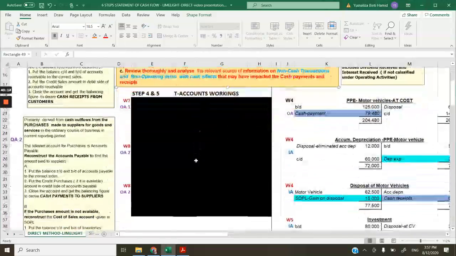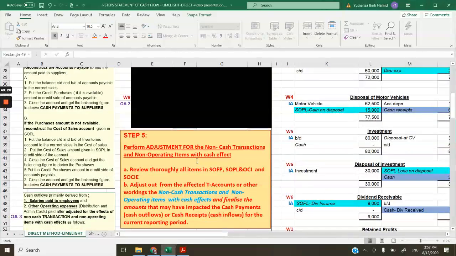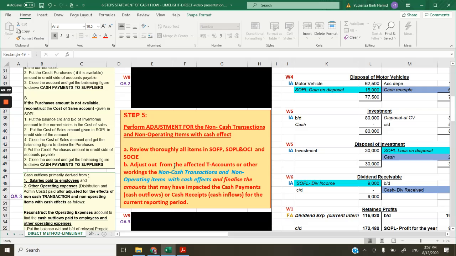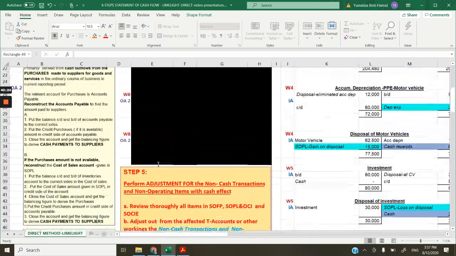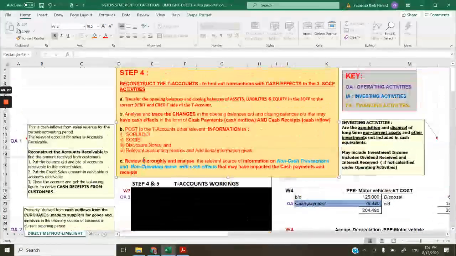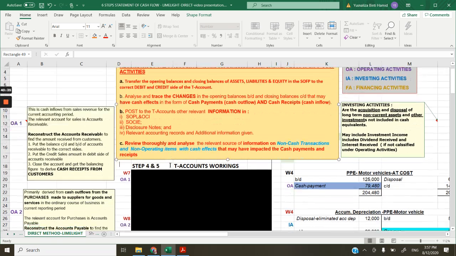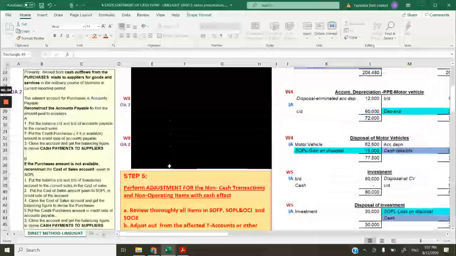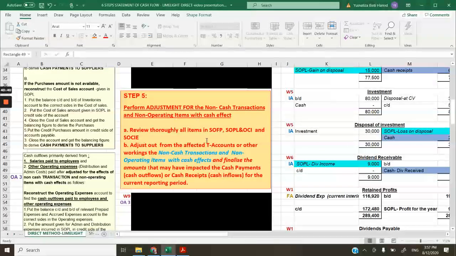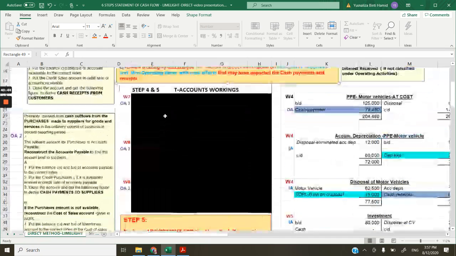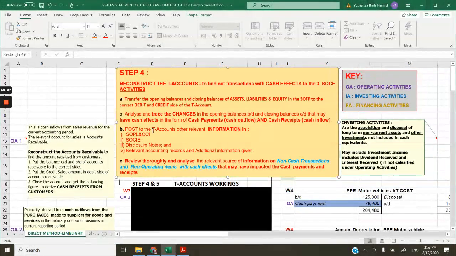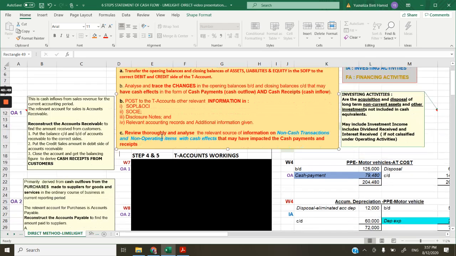We have not yet done the operating activities, because we will be doing that at step 4 and step 5 again when we do our T accounts. Actually, the T account workings that I'm doing here represent step 4 and step 5, where we will have to review all the items and make the adjustments in step 5. Step 4 is more on opening and reconstructing the accounts.